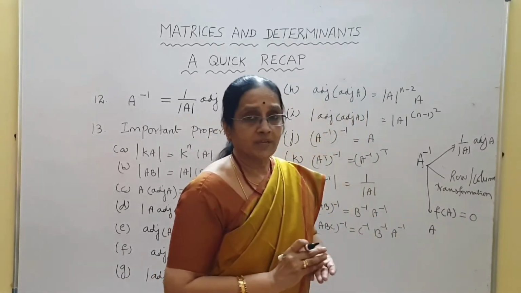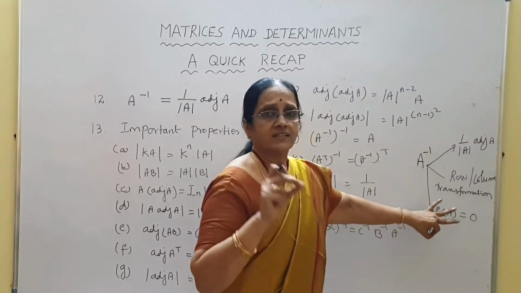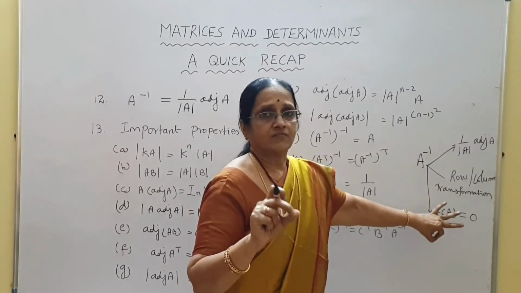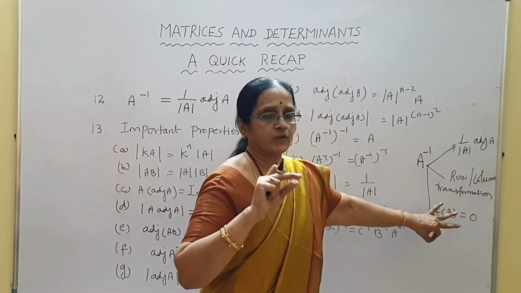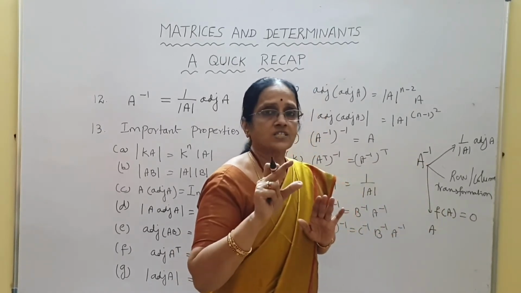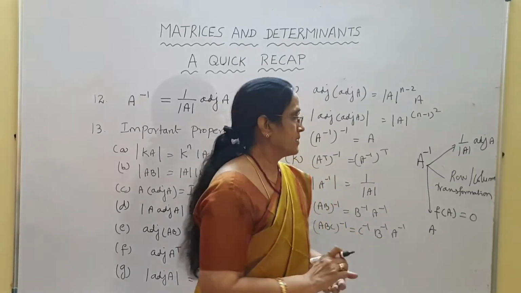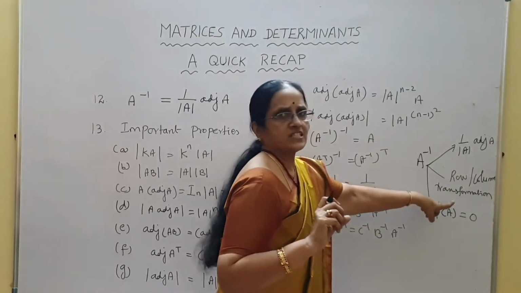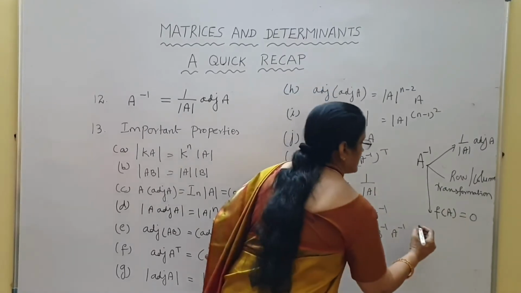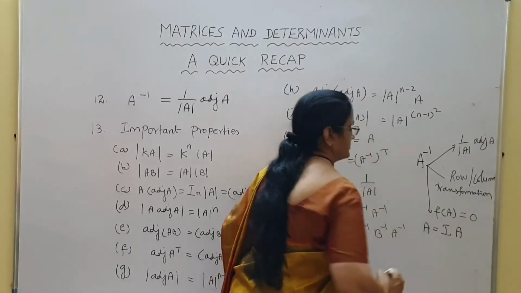Row column transformation again. As I told you in the beginning, if certain concepts are not there this particular year for the board examination, you can just ignore that particular concept. Focus on the remaining ones which are included in the curriculum. Now, when you use row transformation, you need to consider the given matrix A as IA.